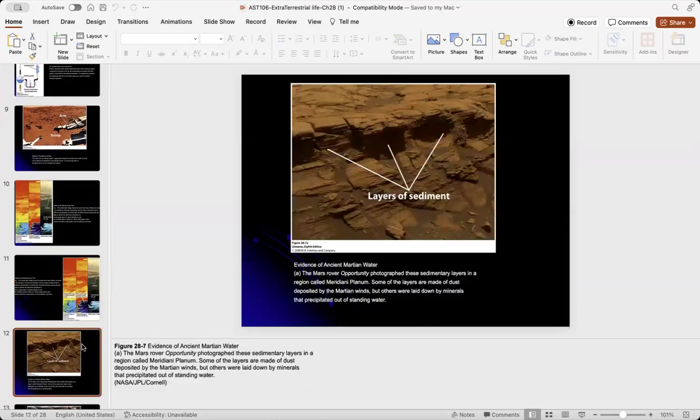There is also evidence of ancient Martian water. It is thought that there was liquid flowing water in ancient times, and that gives more credence to the theory that there might have been life on it in ancient times. Some of the evidences of ancient Martian water are the sedimentary structures, such as the ones which form sedimentary rocks on Earth. The Mars rover Opportunity photographed these sedimentary layers in a region called Meridiani Planum.